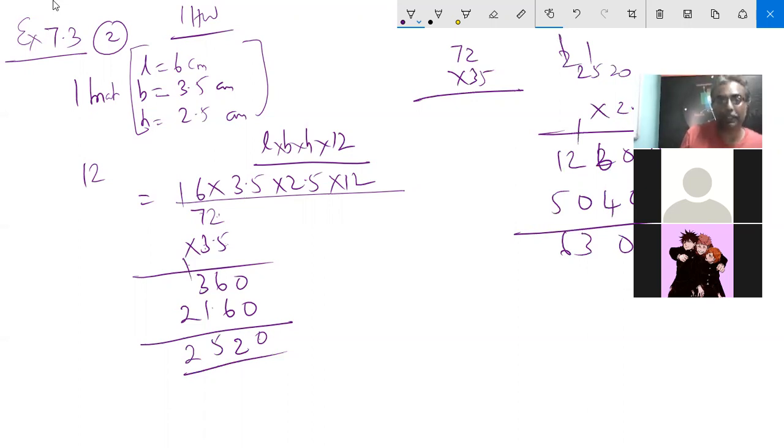So 6,300. No, here also you have to keep 72 into 3.5 is 252. So it is 252. So 630. What is the answer? 630.